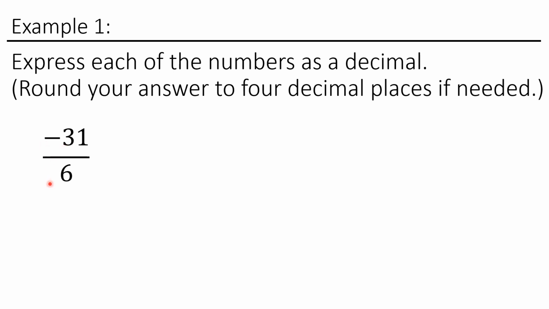You can simply put this into your calculator, type in negative 31 divided by 6, press enter, and then round that to 4 decimal places. You're going to have a negative 5.1667. So make sure that you use 4 decimal places.